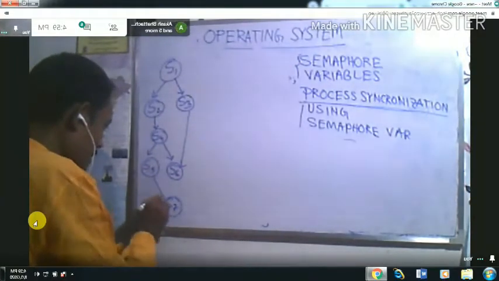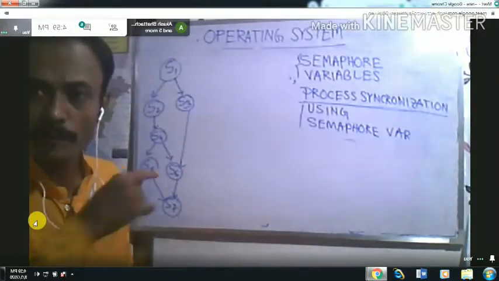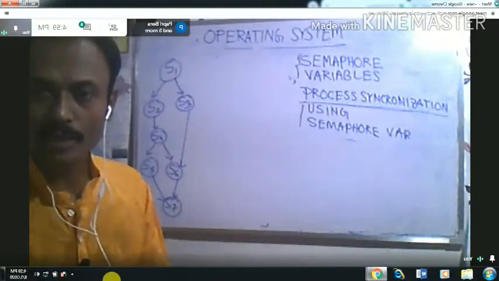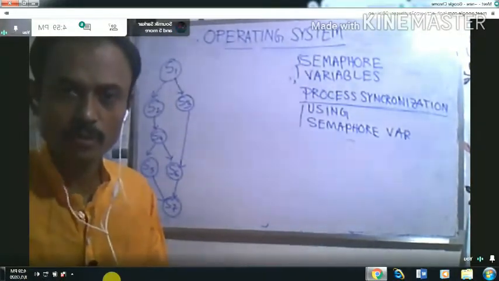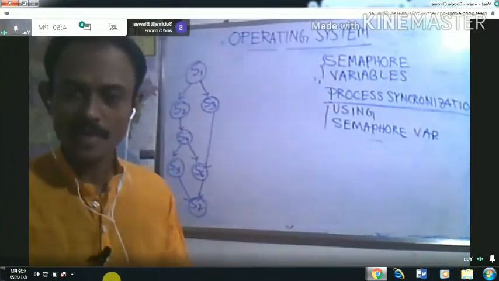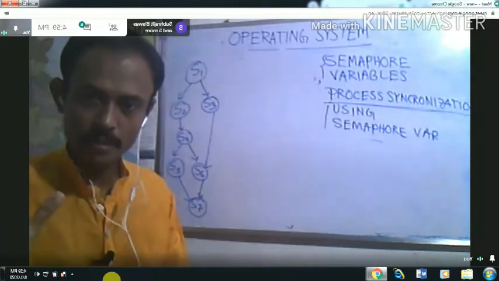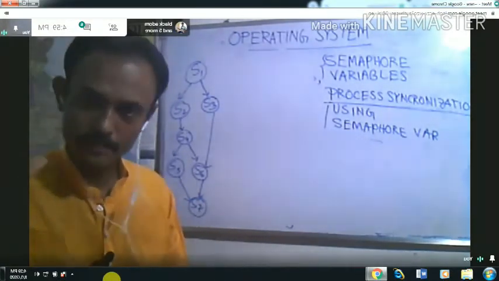So that was that precedence graph, and I told you that for this particular precedence graph, writing the parallel program using the co-begin co-end structure was not possible. But now we will see that using the semaphore variable we can easily write the parallel program also. Clear? So let's see how we can write this.